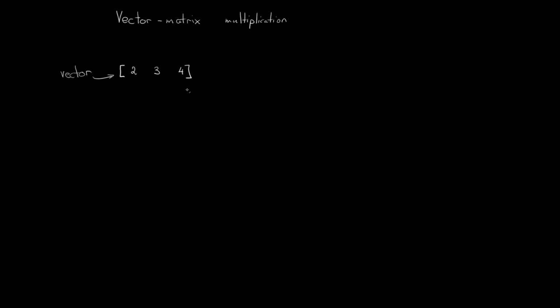And you could have a table which has both rows and columns. You might have something like 1, 6, 5, 2, 2, 4. And here we have 3 rows and 2 columns. That's a matrix.